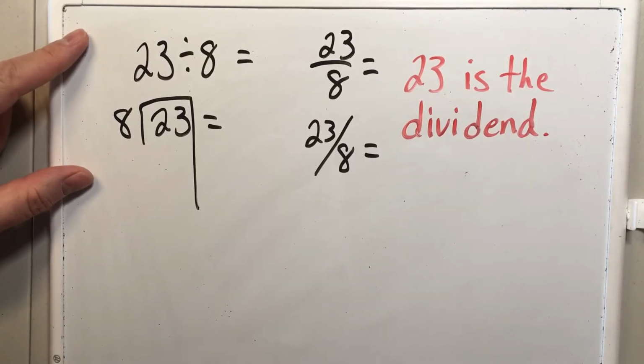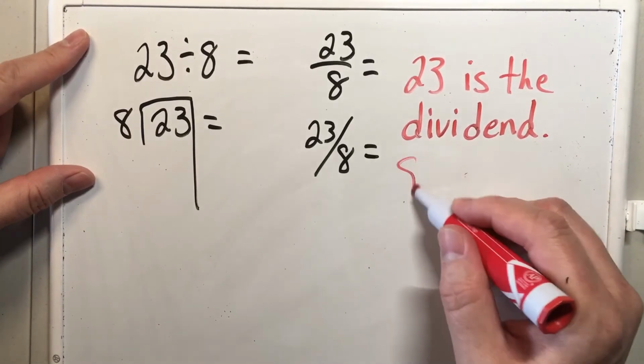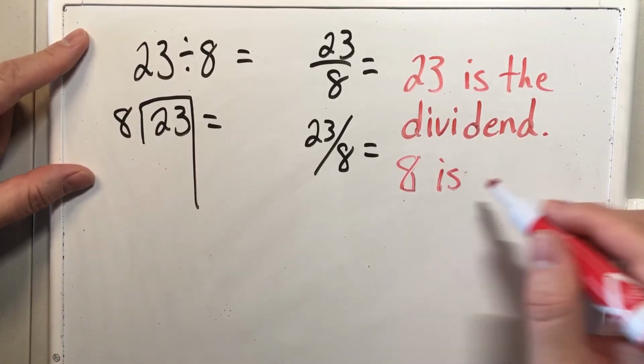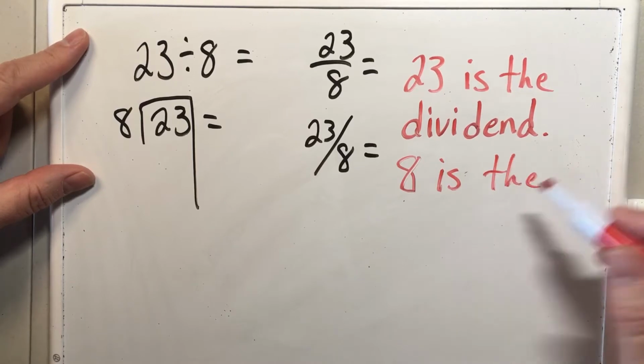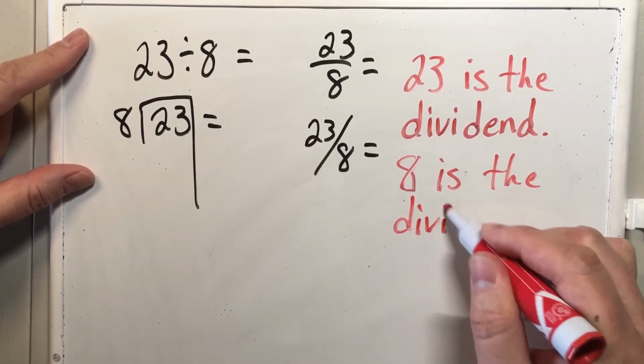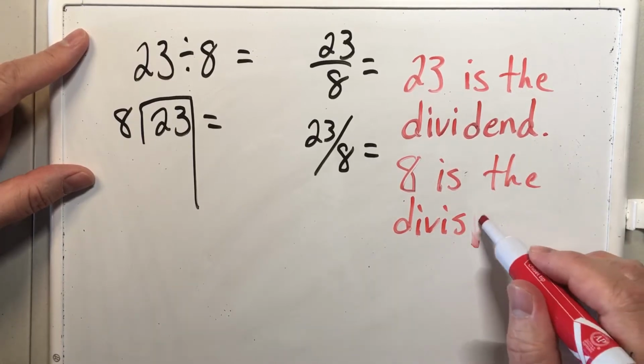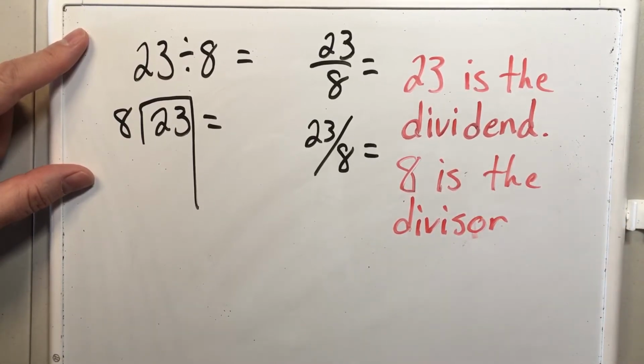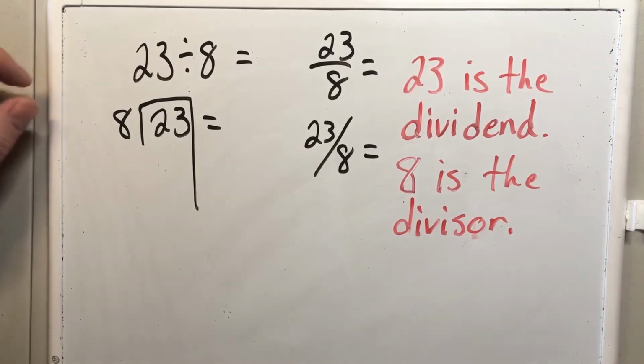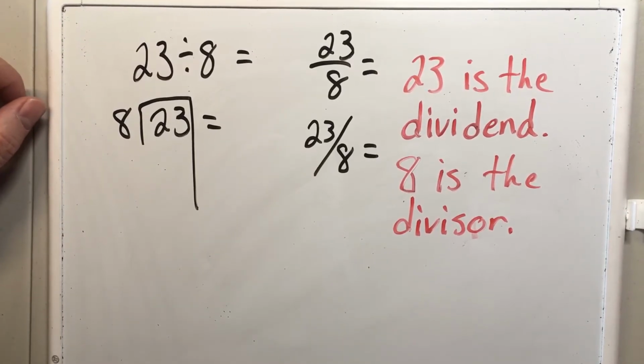So 23 is the dividend, that's what you're going to divide. 8 is the divisor. The divisor is what you're going to be putting the dividend into equal groups by.